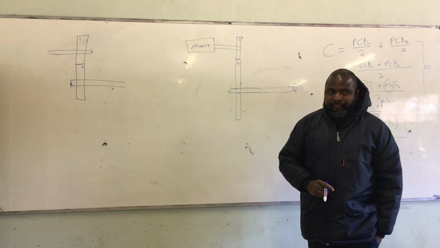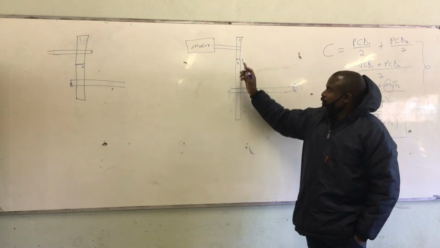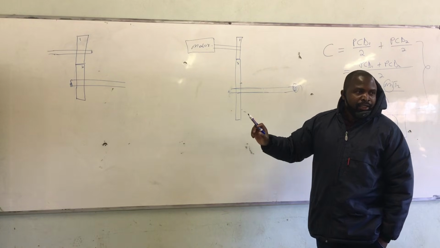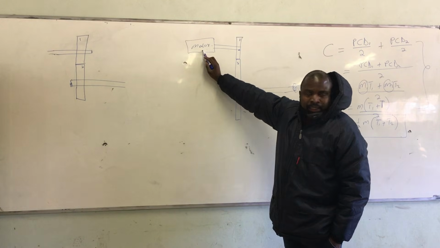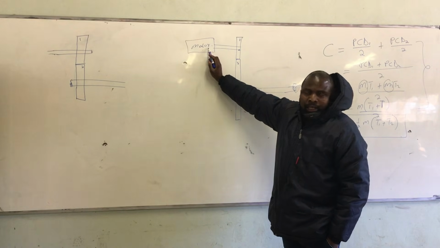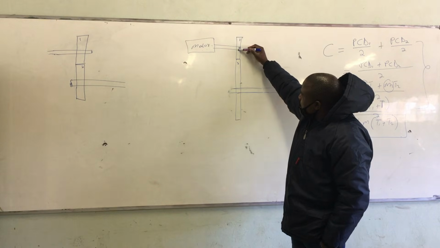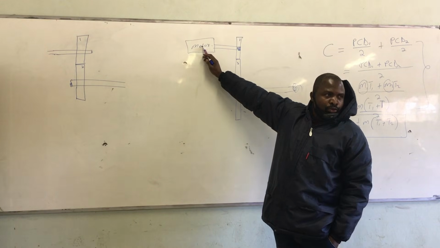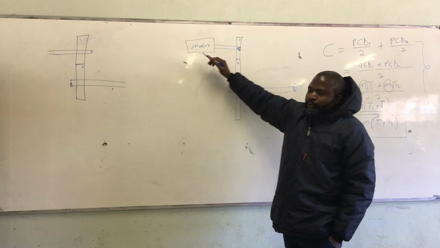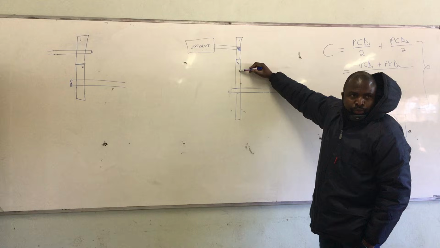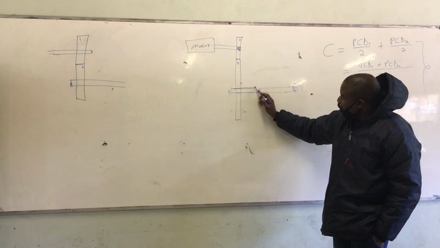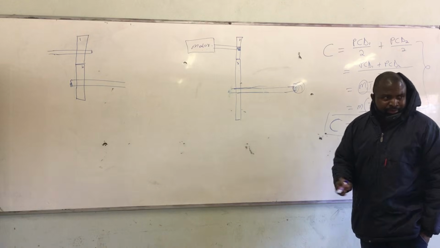Gear number 1 is going to rotate faster than gear number 2, right? Gear number 1 is rotating because the motor is rotating. They are connected together by the shaft. Meaning gear number 1 is going to rotate at the speed of the motor. So gear number 1 is going to drive gear number 2. Gear number 2 is connected to the wheels.